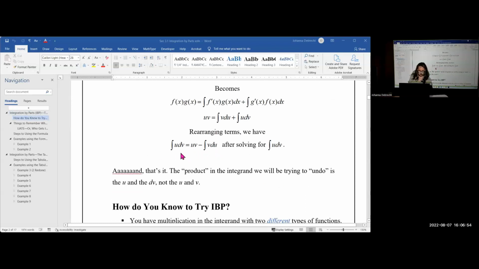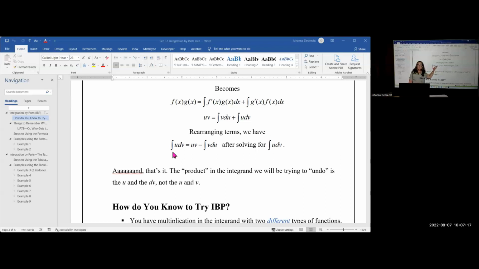This expression that you see right here at the bottom, the integral of u dv is equal to u times v minus the integral of v du. In other words, when we're undoing some product, we're not actually applying it directly to f and g. We're applying it to u and dv, right?